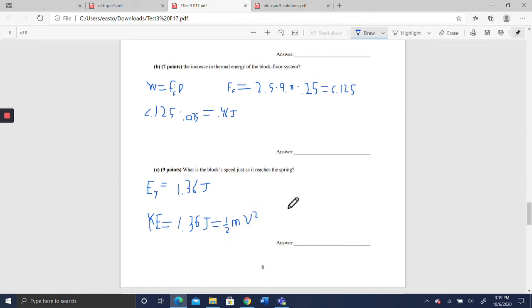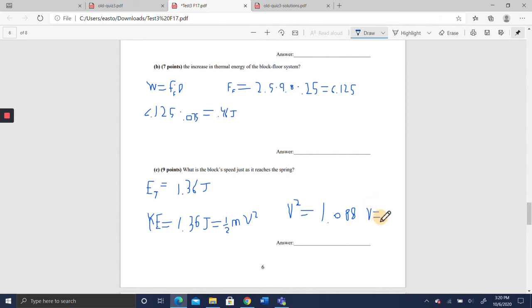Plugging in our values, we get v squared is equal to 1.088. Then we just take the square root to produce our final answer.